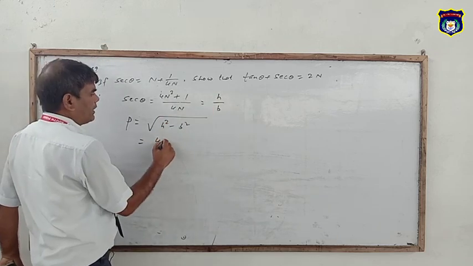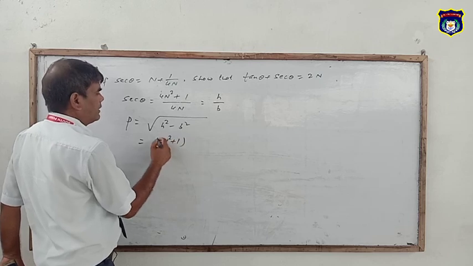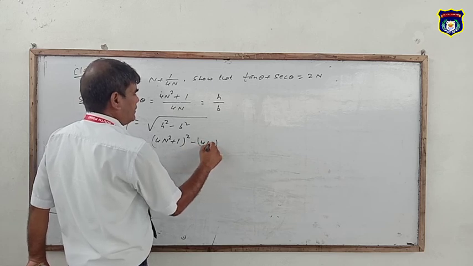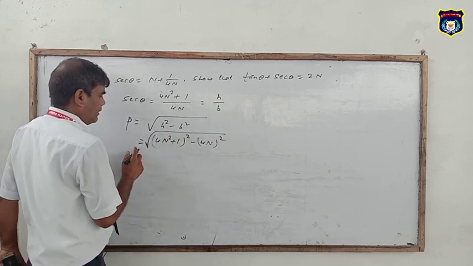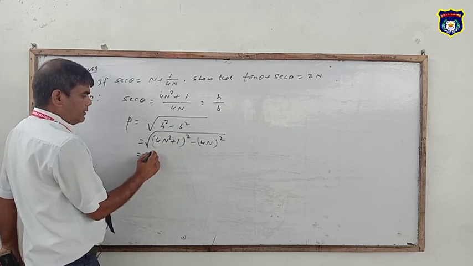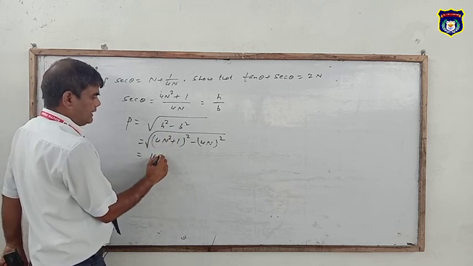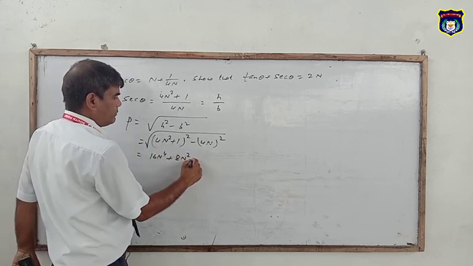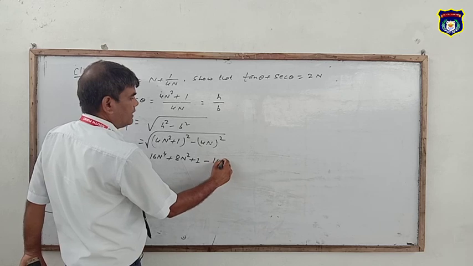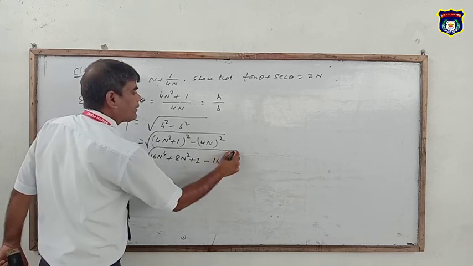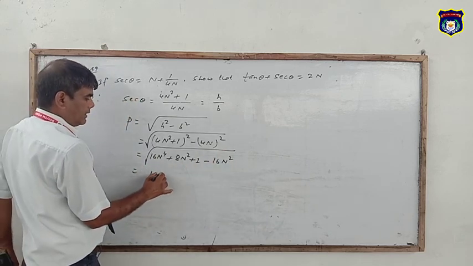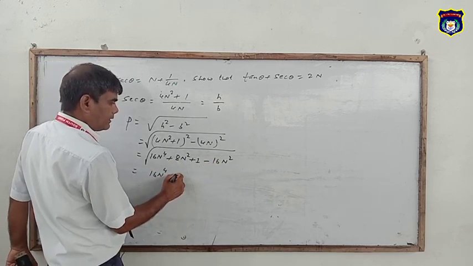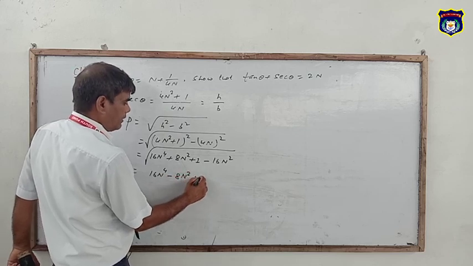H is 4n square plus 1 and b is 4n. Now the formula of (a plus b) whole square: 16n to the 4 plus 8n square plus 1 minus 16n square. So this is 16n to the 4, and 8n square minus 16n square is minus 8n square, plus 1.